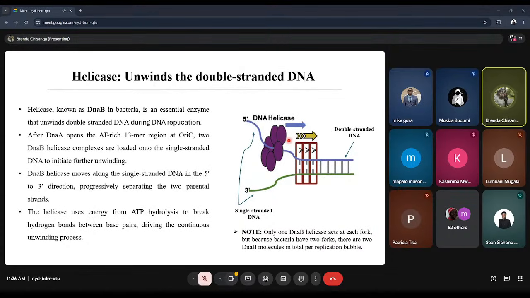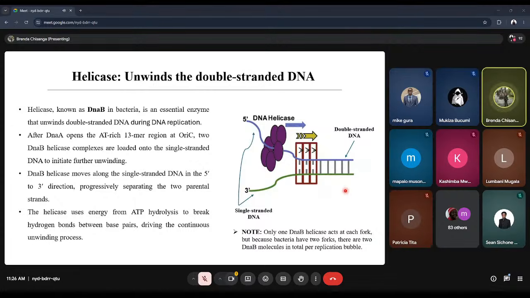DNA helicase, also called DNA-B, cannot bind to double-stranded DNA. It only binds to a single strand of DNA. And its function is to break the hydrogen bonds. And keep in mind, this process requires ATP. And that is why, because breaking hydrogen bonds is an energy-dependent reaction, the opening of DNA has been made in such a way that it is not too energy demanding.